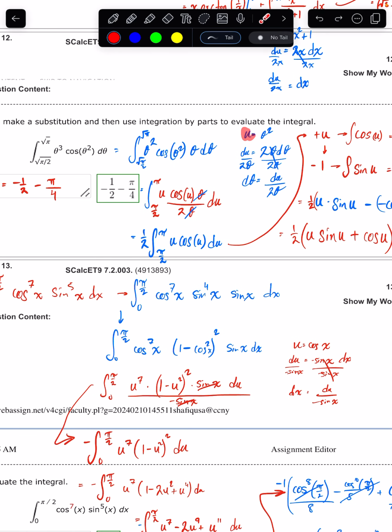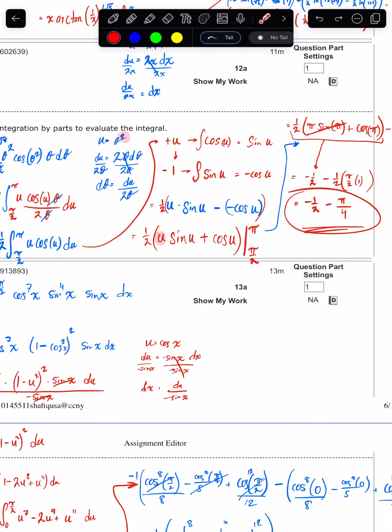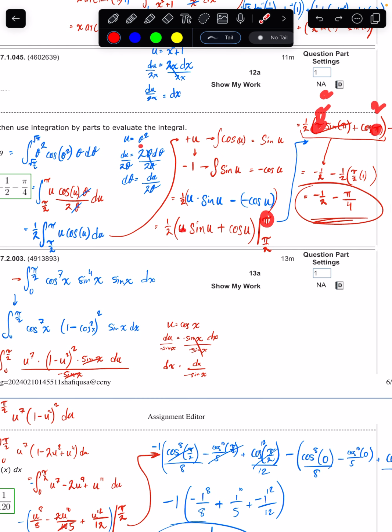And that's how we were able to get rid of this square root, because of the square over here. We were able to keep this u, right? We didn't plug in theta squared back over here. We didn't write theta squared here or theta squared here. And we were just able to use these two values because we changed these values.